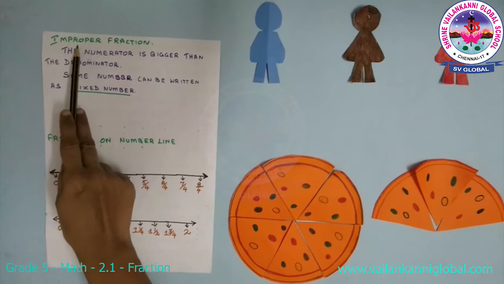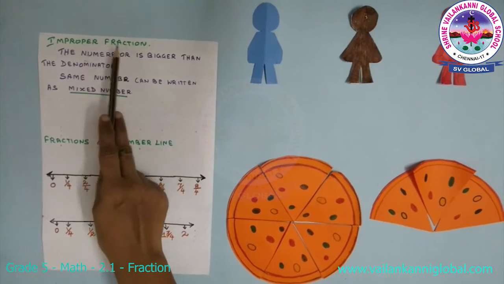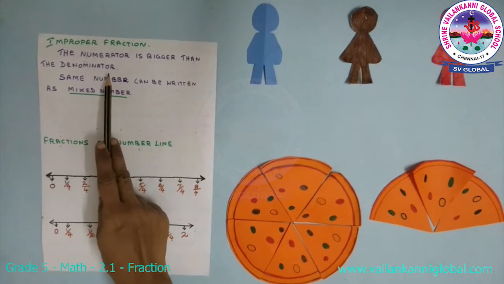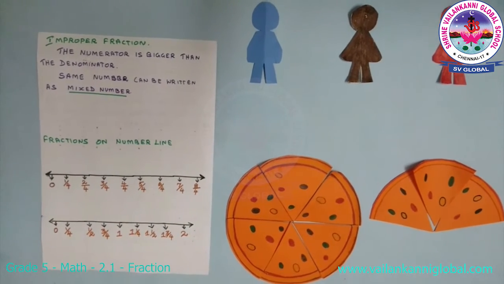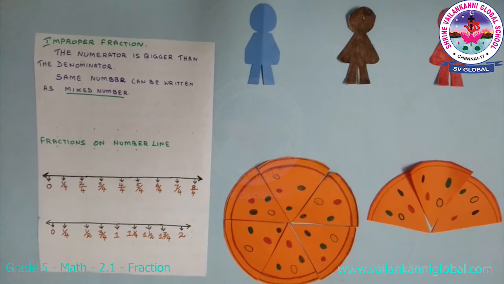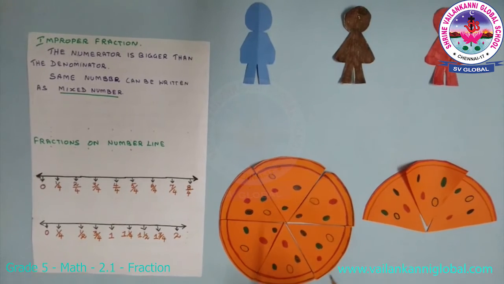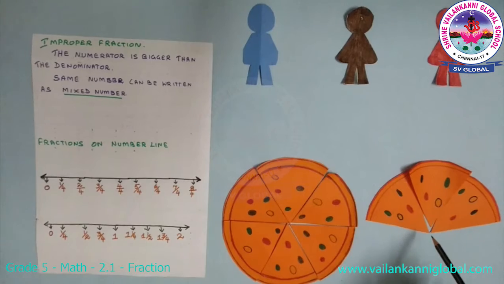Next we are going to read about improper fractions. What is an improper fraction? The numerator is bigger than the denominator. How can the numerator be bigger than the denominator? For example, here we have a whole pizza and half of a pizza.